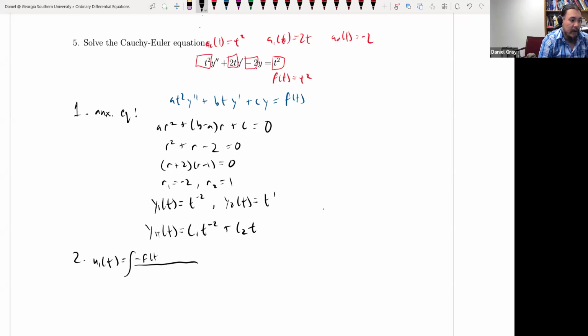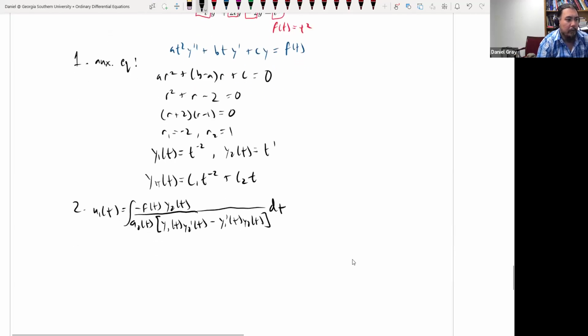So it's negative f of t times y2 of t, all divided by a2 of t times y1 of t times y2 prime of t minus y1 prime of t times y2 of t dt. Okay, so same formula as before.